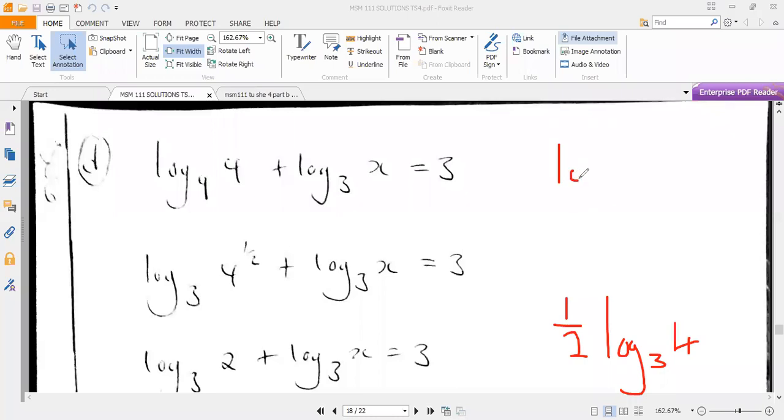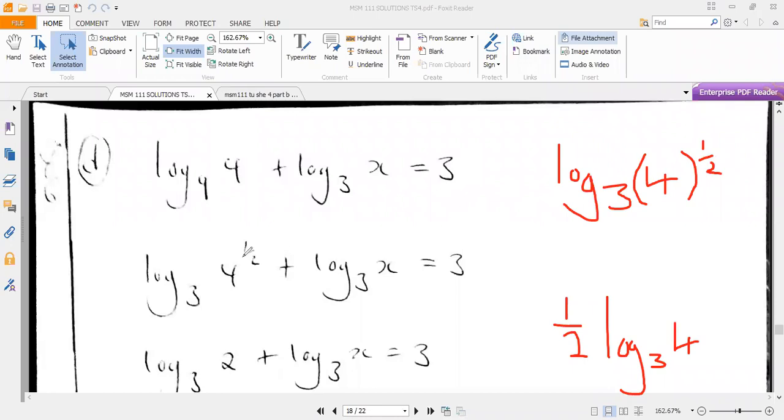So we have log base 3 of 4 to the power what? Put these guys here to be to the power 1 over 2. So that's how we got this guy here.